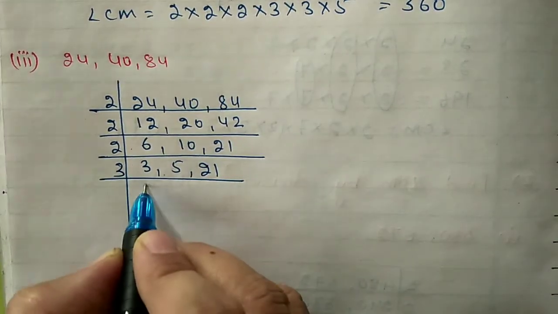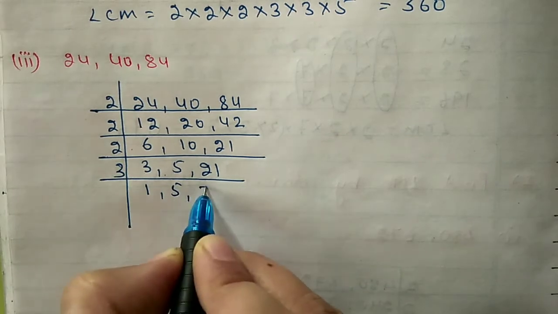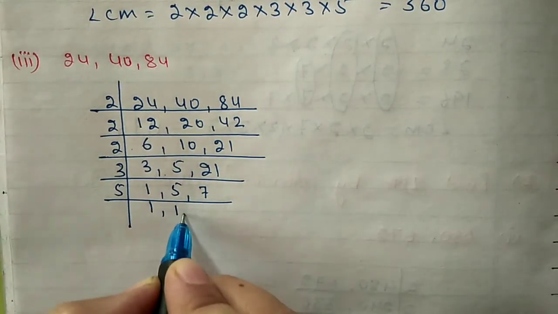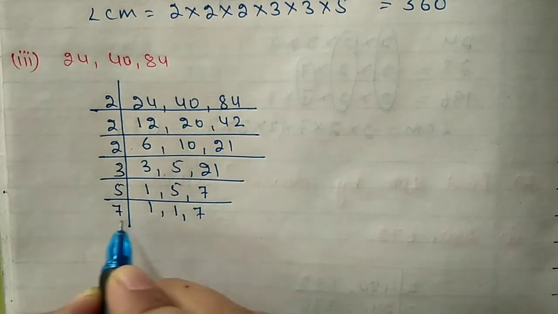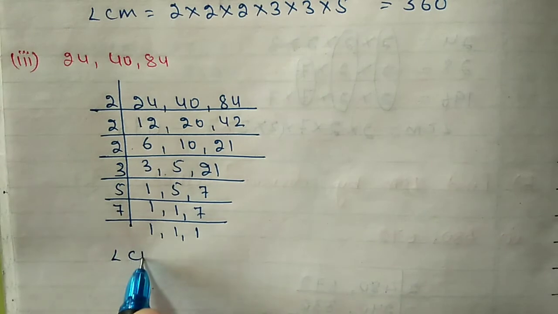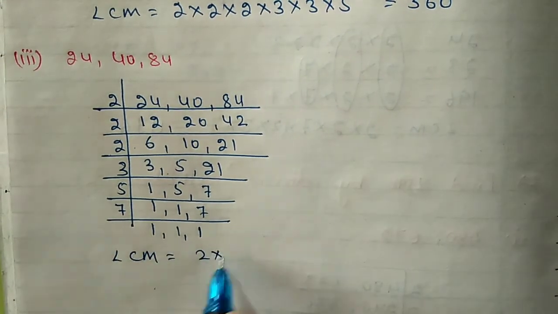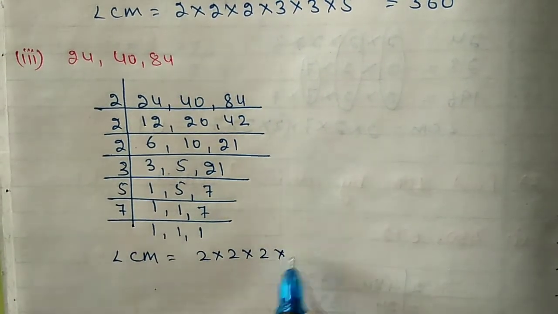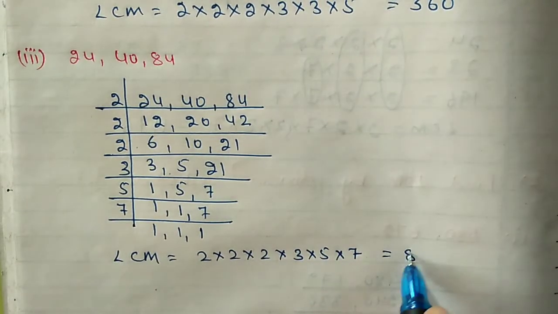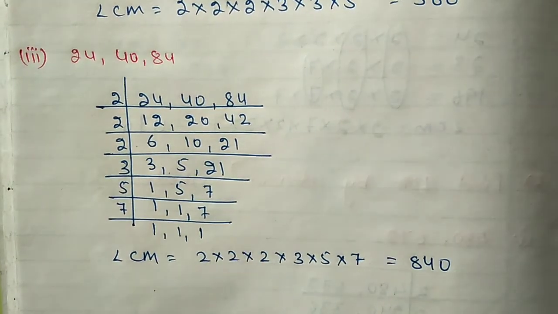Next with 3: 3 1s are 3, 5 as it is and 3 7s are 21. Then we will take 5: 5 1s are 5 and 7 as it is. Then 7 1s are 7. So the LCM of these numbers will be 2 into 2 into 2 into 3 into 5 into 7. 840 you will get after multiplication.